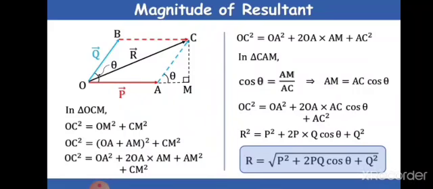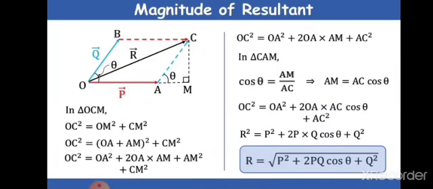From the parallelogram law of vector addition, the diagonal OC of the parallelogram OACB represents the resultant vector R is equal to vector P plus vector Q, where CM is a normal drawn from C to produce OA.